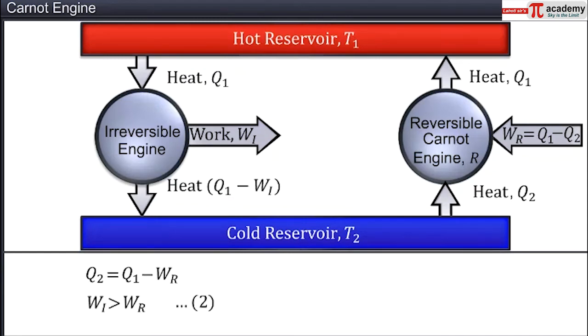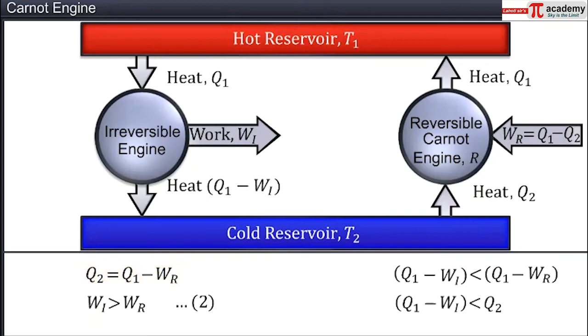But as per expression 2, we know that WI is greater than WR. Then we can conclude that Q1 minus WI is less than Q1 minus WR. But Q1 minus WI is the heat returned to the cold reservoir by the engine I. And Q1 minus WR is the heat received by the refrigerator.